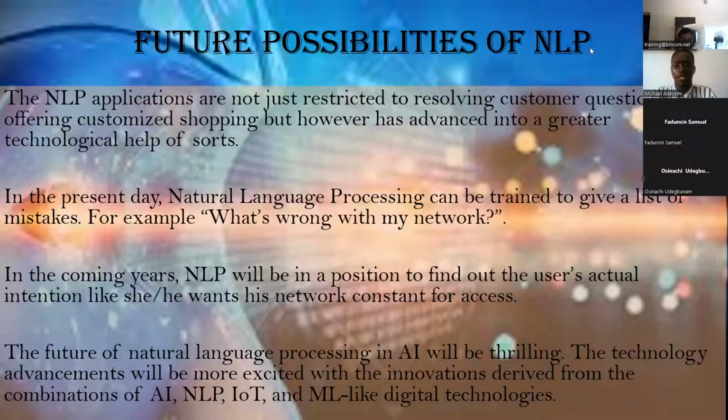The future of NLP in AI will see technology advancements driven by the combination of AI, NLP, IoT, and ML, like digital technologies. It's not going to just find the mistakes, it's going to find out the user's actual intention. What does this user actually want?